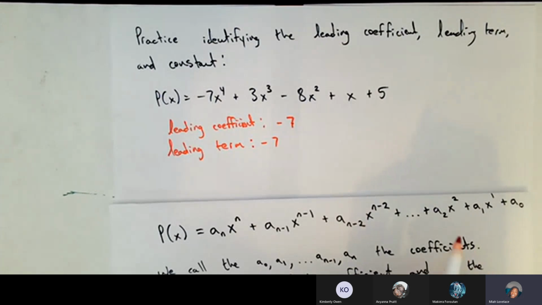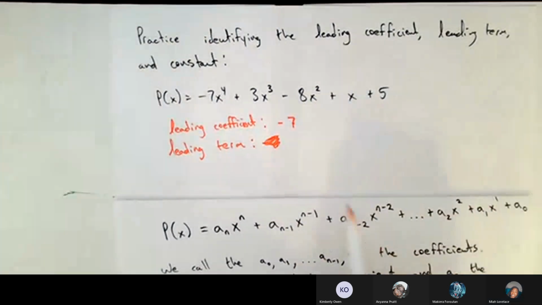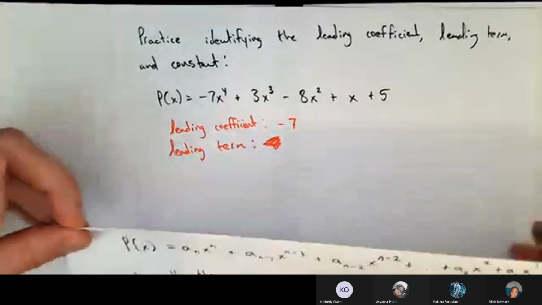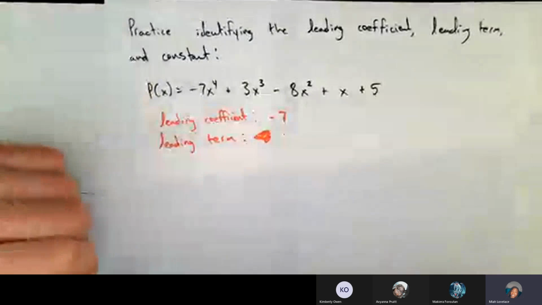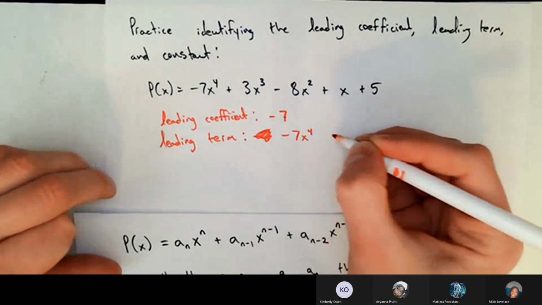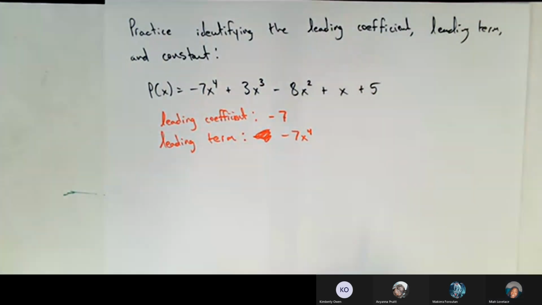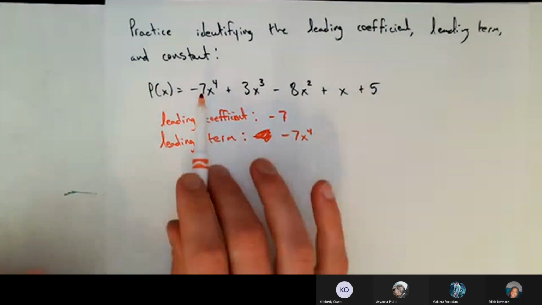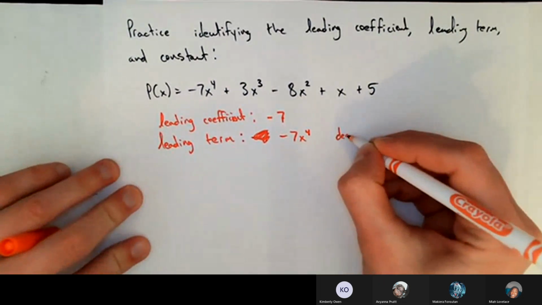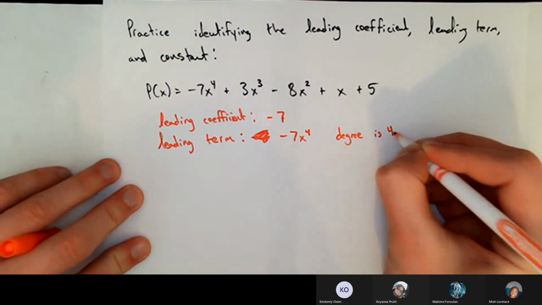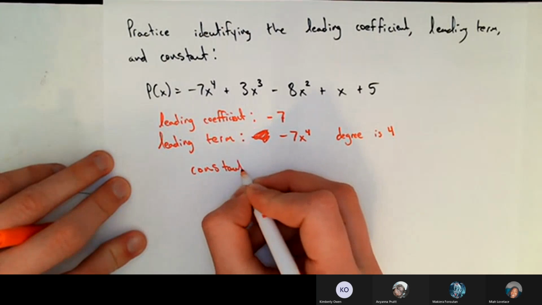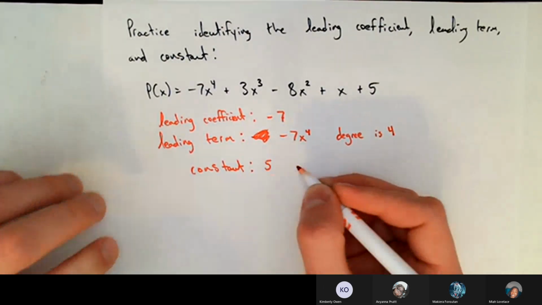What would the leading term be? The whole leading term would be -7x to the fourth. So not just the coefficient, which is -7, but the whole term. And we'll say its degree is 4. And then the constant is 5.